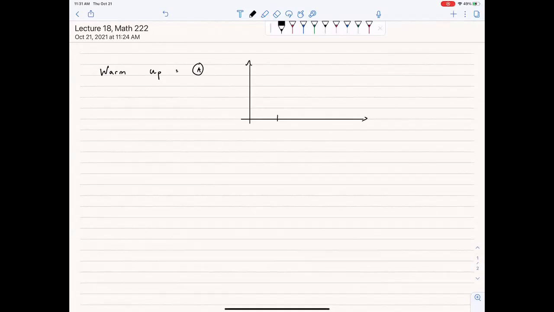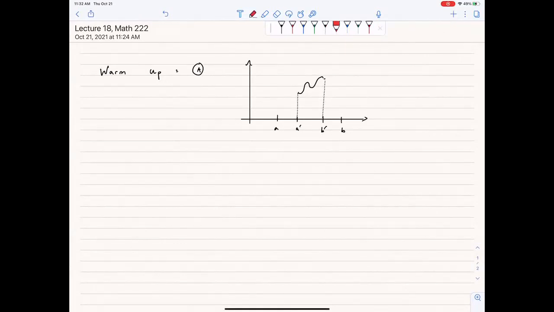If you have an interval a, b, and then you have a sub-interval a prime, b prime inside, you could take a function that's piecewise continuous, with a drop here.